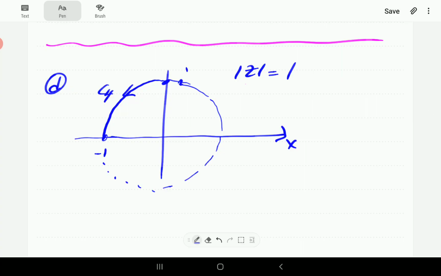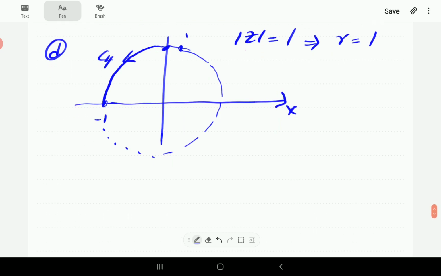Now, mod Z equals 1 is the same as r equals 1, because mod Z is equal to r. Whenever we have a problem involving a circle, it is always recommended to transform into polar coordinates. So since x is r cos theta and r is 1, we are going to have x is cosine theta and y is sine theta.